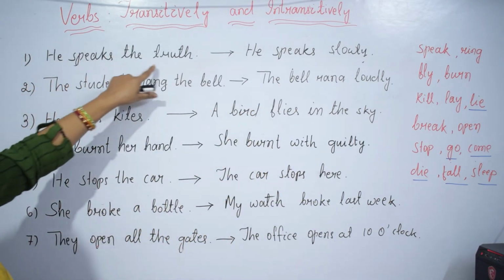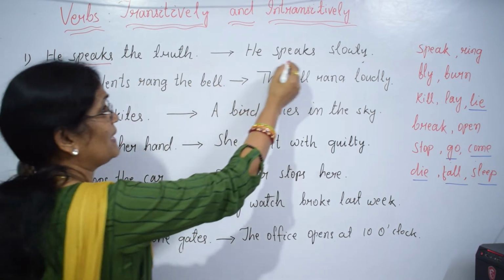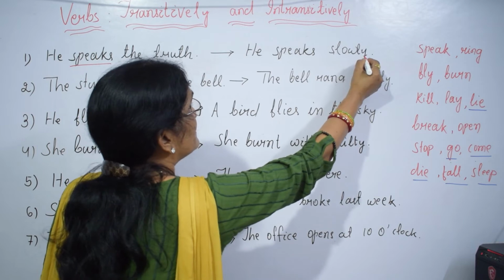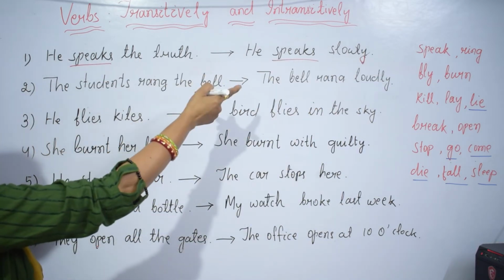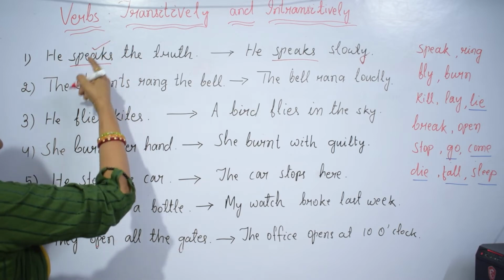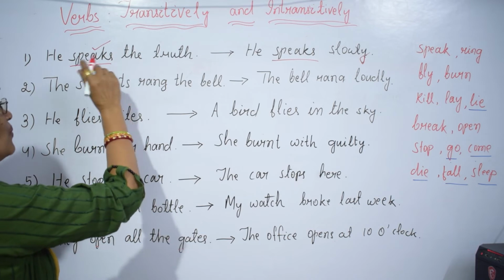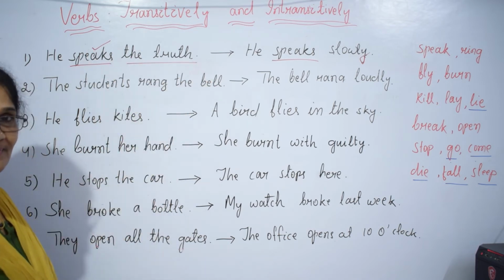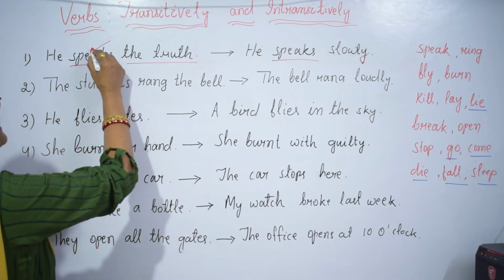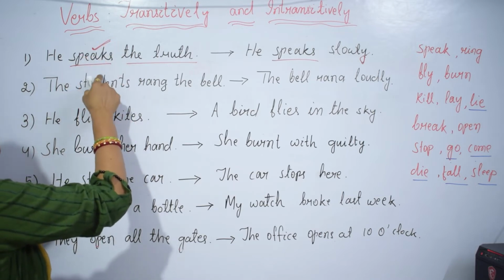He speaks the truth. Speaks is the verb. He speaks slowly. Here, speaks. In both sentences, the same verb is used. But in the first sentence, he speaks the truth. Speaks something. When speaks is followed by a noun or noun phrase, that is the verb used transitively, and it answers the question what?